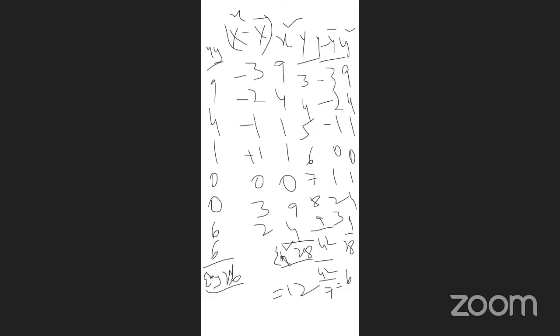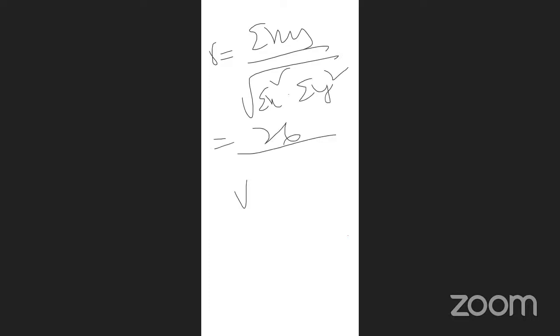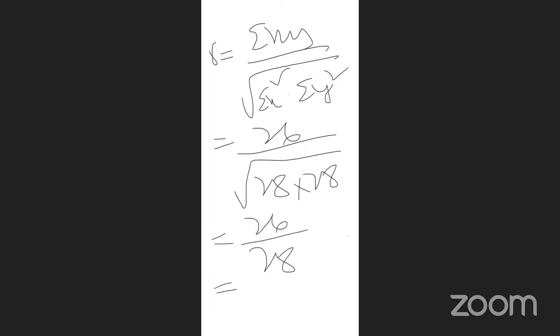Now let us work out. Your r is equal to sigma xy divided by under root sigma x square into sigma y square, which is equal to 26 divided by under root 28 into 28, which is equal to 26 divided by 28.